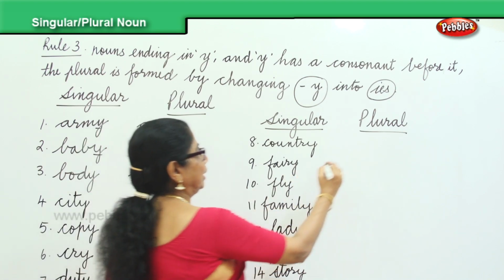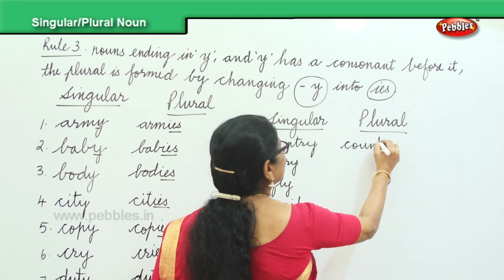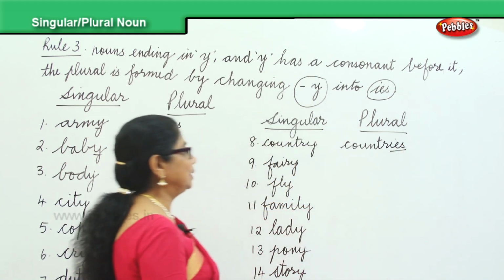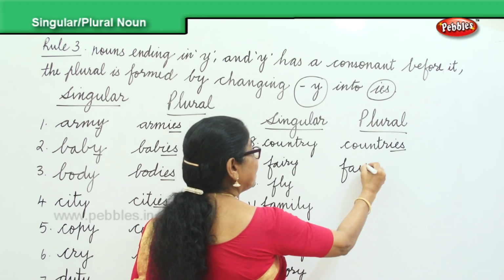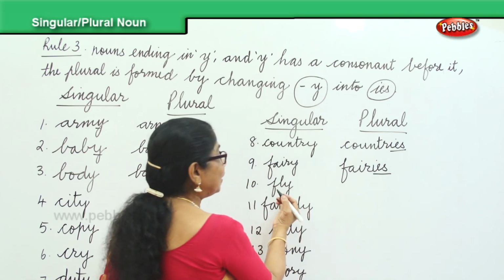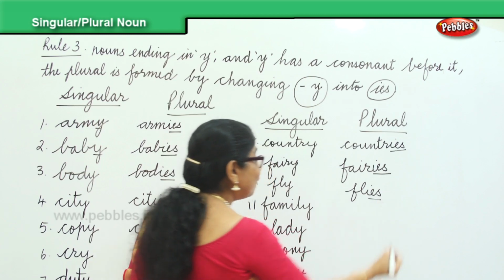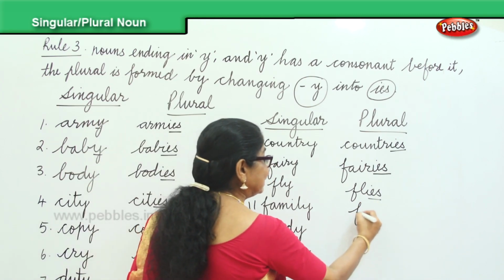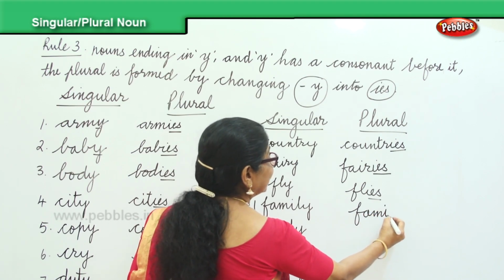So now, country. Form the plural. IES is added. Countries. Fairy, fairies. You add IES. Fly, IES is added. Flies. Lots of flies. Family, families.